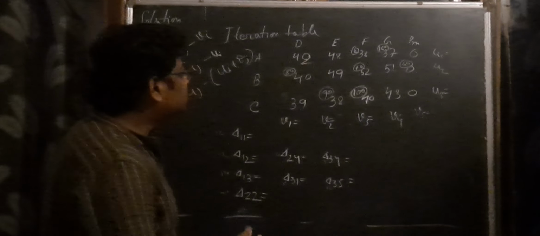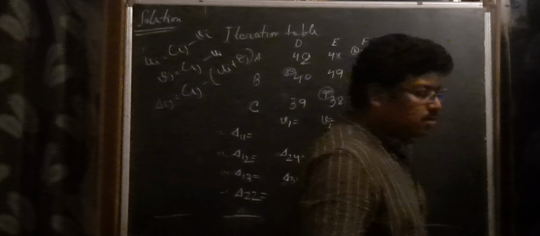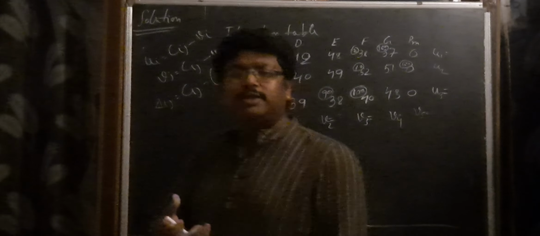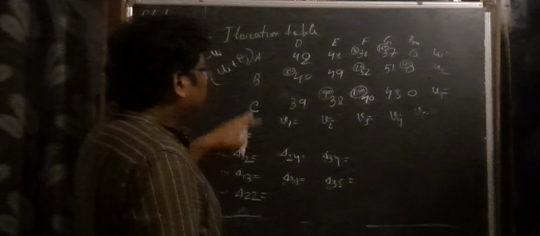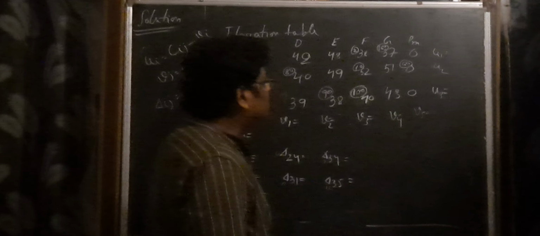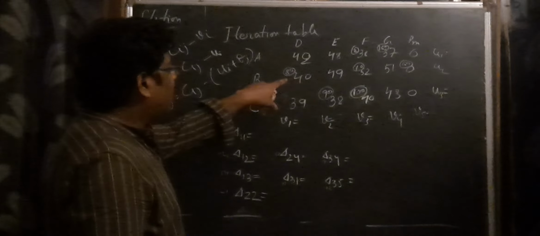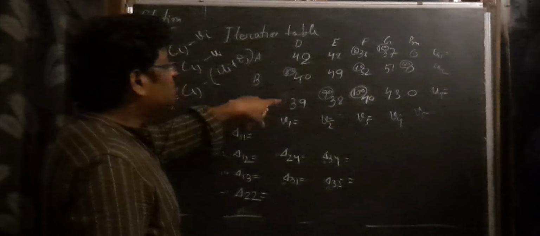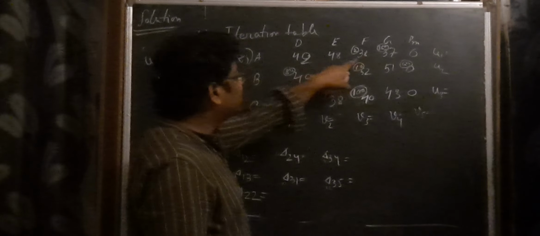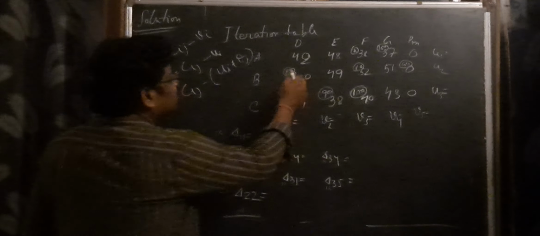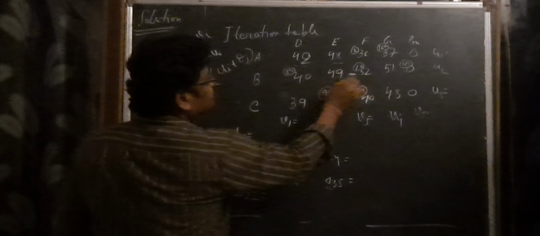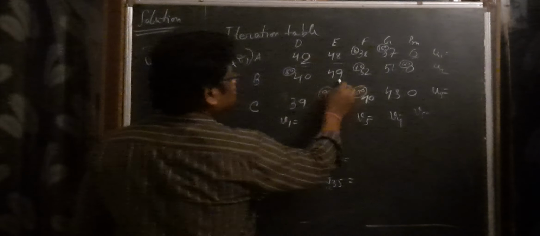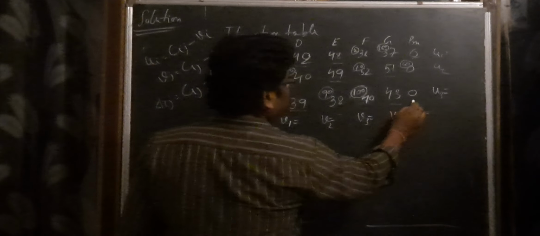Okay, so now in the next table, by using the same procedure, we are going to check whether all allocations are optimal or not. For this we have to find out the values of del ij for the empty cells, for this one, and this one, and this one, and this one.